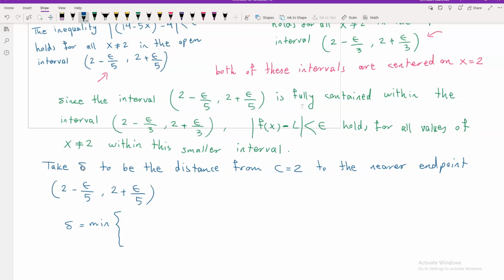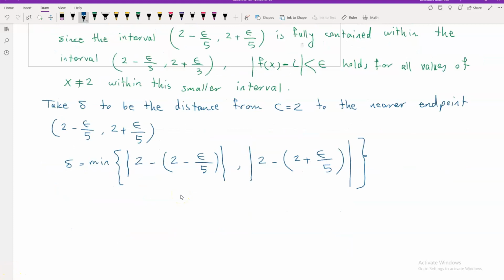So delta is equal to the minimum of absolute value of 2 minus, so this 2 is c, 2 minus epsilon divided by 5, this one inside absolute value, comma, absolute value of 2 minus what we have here on the right side, that is 2 plus epsilon divided by 5.